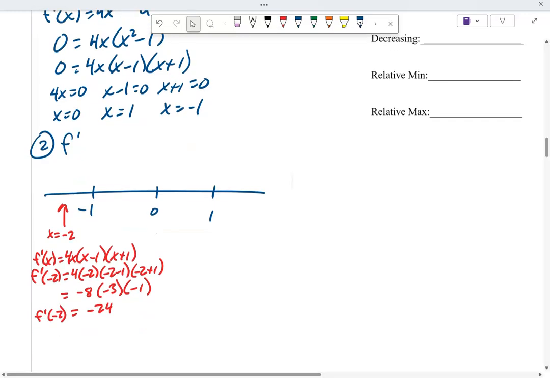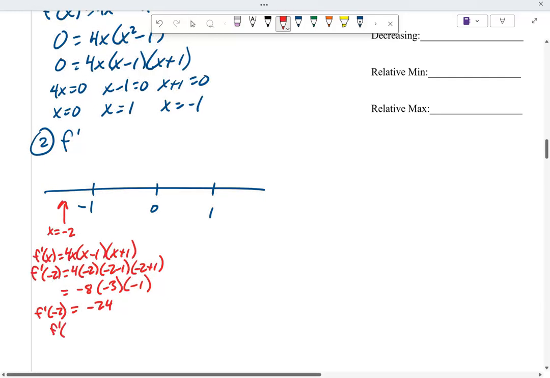So f prime of negative 2 is negative, which means the original function must be decreasing up until negative 1. If f prime is negative on the interval from negative infinity up to negative 1, the original function is decreasing.